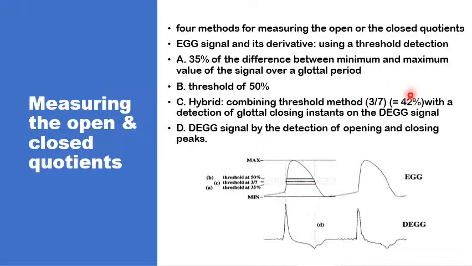This is about 42%. So 0.42 would mark the end of the closed phase and the start of the open phase. So these are the four ways of measuring the moments for closing and opening of the closed phase and the opening and the closing of the open phase.